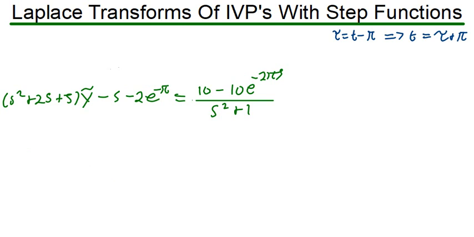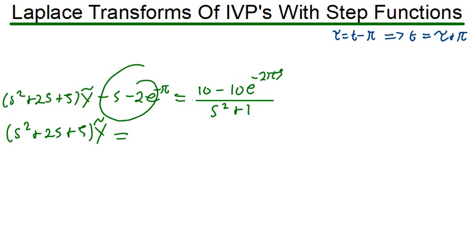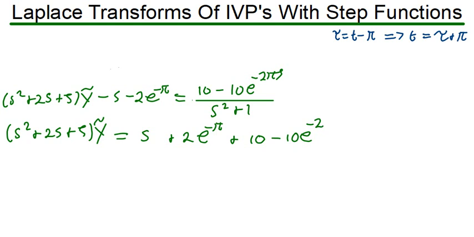For this one, I'm going to write this as s squared plus 2s plus 5 multiplied by uppercase Y tilde. Then this is equal to, I'm going to add both of these on the other side, so I'll have my s here plus 2e to the minus pi, plus 10 minus 10 e to the minus 2 pi. Then you divide everything by s squared plus 1.